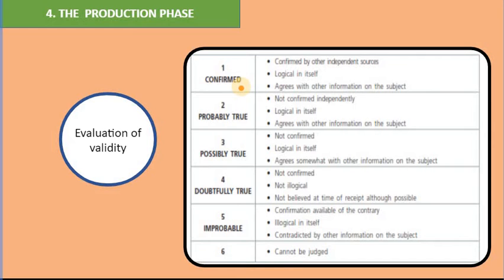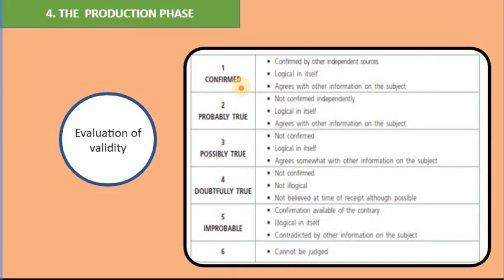C-pro-P-D-I-T. Okay? C-pro-P-D-I-T. C1 stands for confirm. Ayan. 2 stands for pro, it means probably true. 3 stands for P, which means possibly true.